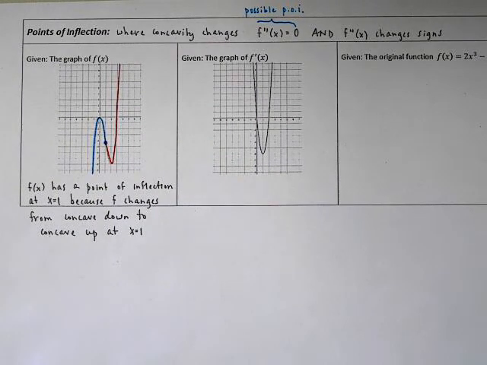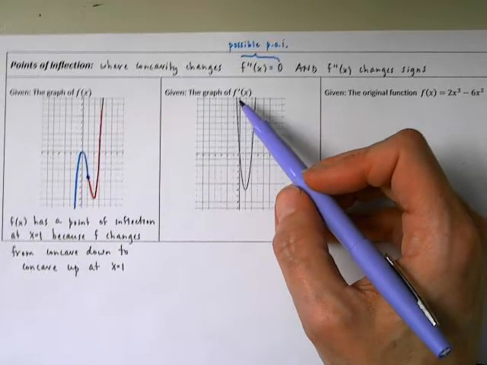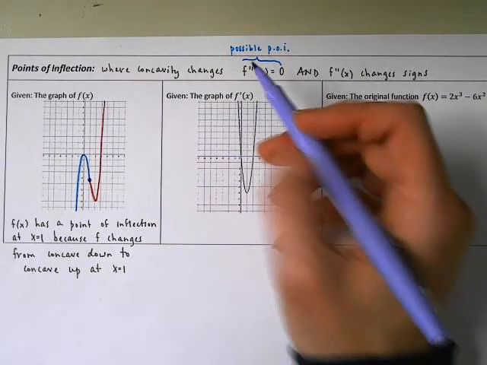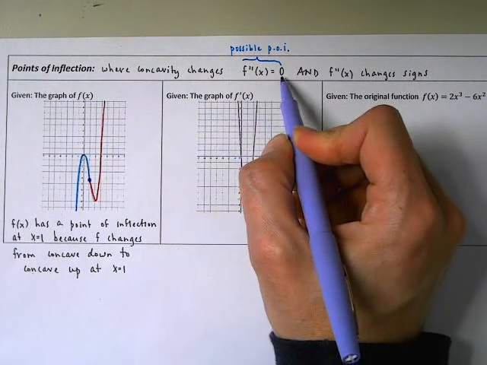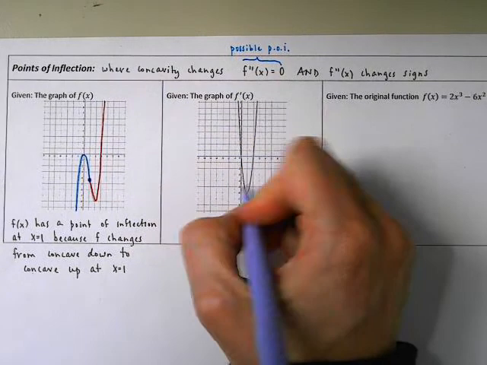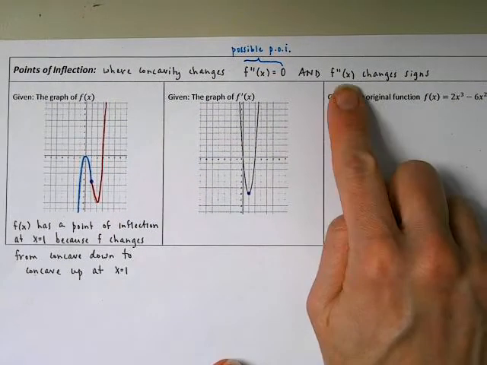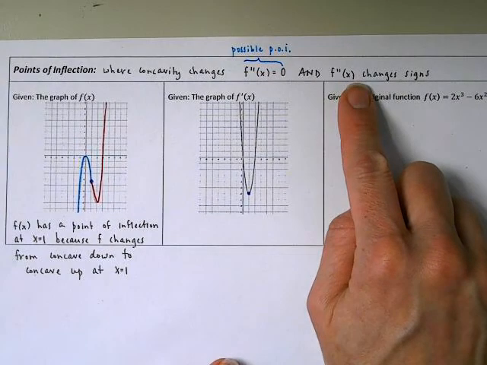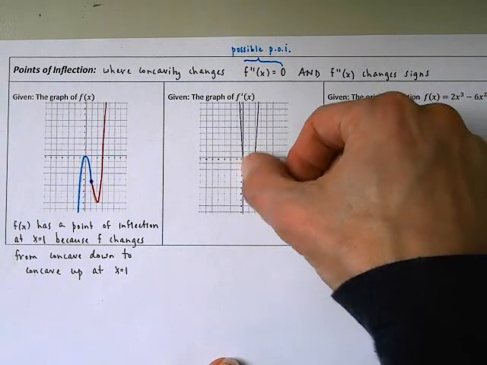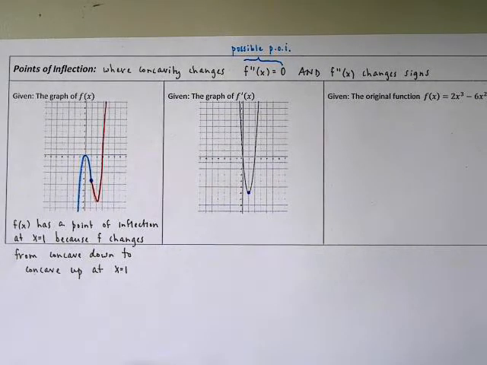So let's see how this applies if we're looking at the graph of f prime. So my first criteria here to identify a point of inflection is to check where the second derivative is equal to 0. Or in other words, where is the slope of f prime equal to 0? And I know that's going to happen down here. Now, I also have to check, did that second derivative change signs? So in other words, did the slope of the first derivative change? Since my slope changed from negative to positive, we actually changed, so we know we have a point of inflection.